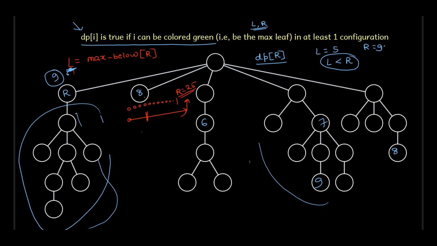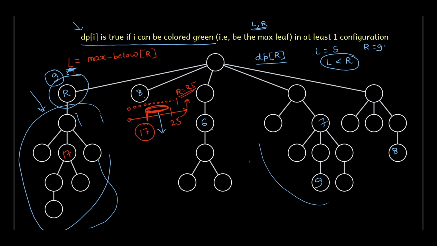Let's say L is 17. It means that the maximum label in this subtree is 17. So you just need the values from 17 to 25. Is there any configuration in the world where one of these leaves is the maximum leaf? Because if such a configuration exists, then I can use that to delete my entire subtree and then I can become the leader.